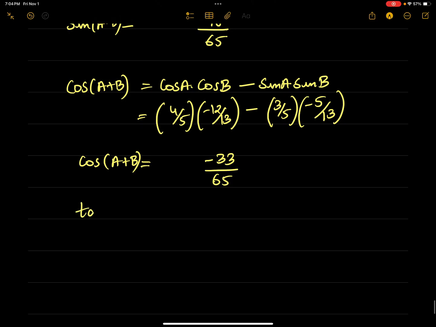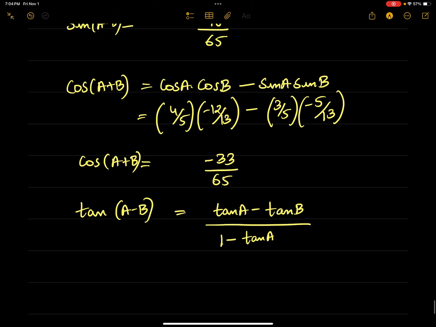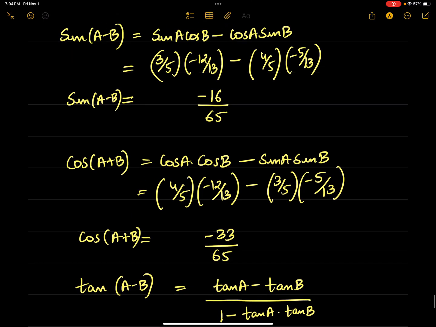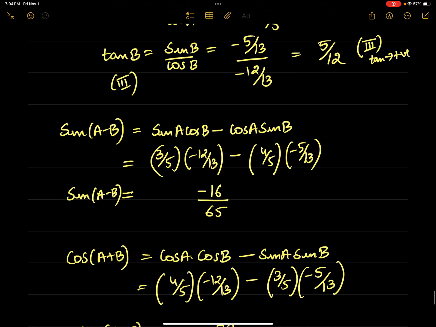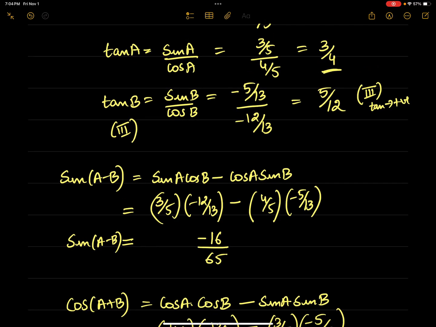Now the next one is tan of A minus B, which is tan A minus tan B divided by 1 plus tan A tan B. We just found out the values here. Tan A is 3 by 4 and tan B is 5 by 12.